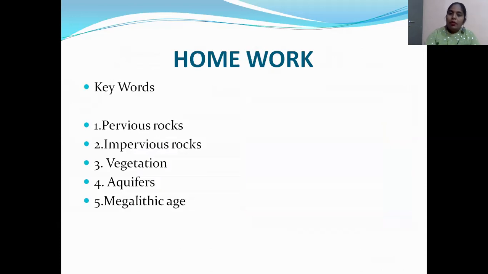For example, if your video is uploaded today by 9 or 10 o'clock, then tomorrow 9 or 10 o'clock is your cut-off timing, children. Within this 24 hours only, you have to submit your homework. Is that clear to children? If the time limit exceeds, it will not be considered. Even if you post it, I'm not going to consider that. Is that clear to you?